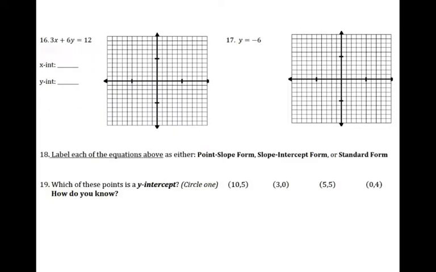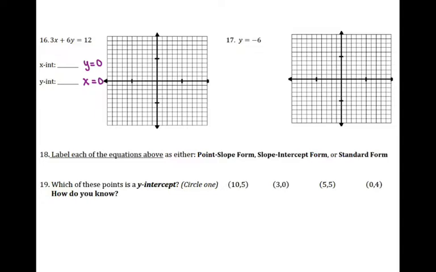Number 16, this sucker is in standard form. So for standard form, we start by graphing our x and y intercepts. Now for my x-intercept, I'm going to plug in 0 for y. So my x-intercept is when y equals 0, and my y-intercept is when x equals 0. So I'm going to set up two equations.